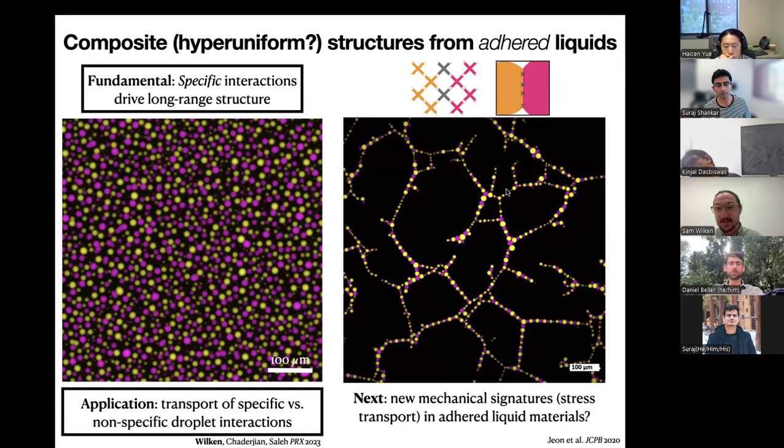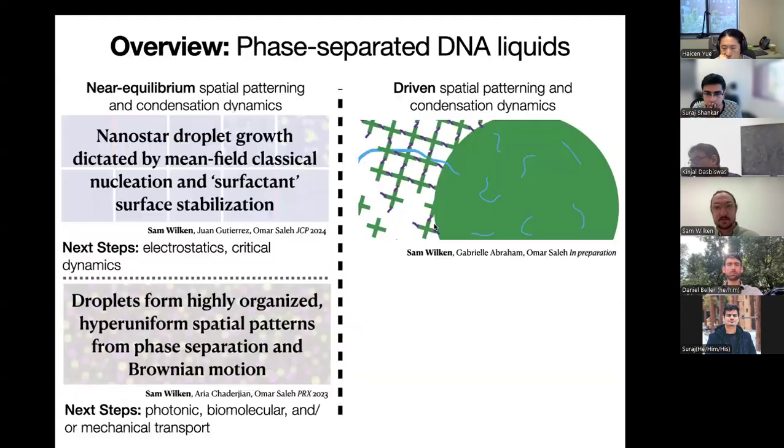And then you can get these patterns of adhered droplets that form these percolated strings. And so you might imagine that this would have interesting sort of mechanical signatures of stress transport, not just biochemical transport, for example. Okay, so I think I'm running out of time, so maybe let me go quickly to the last one, and then we can discuss maybe more at the end.